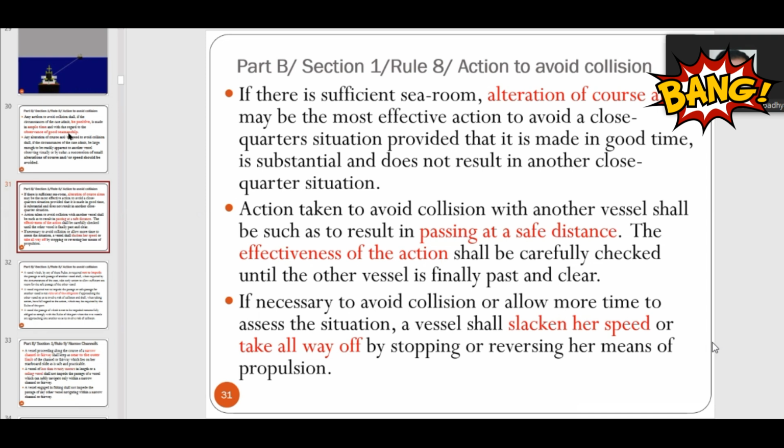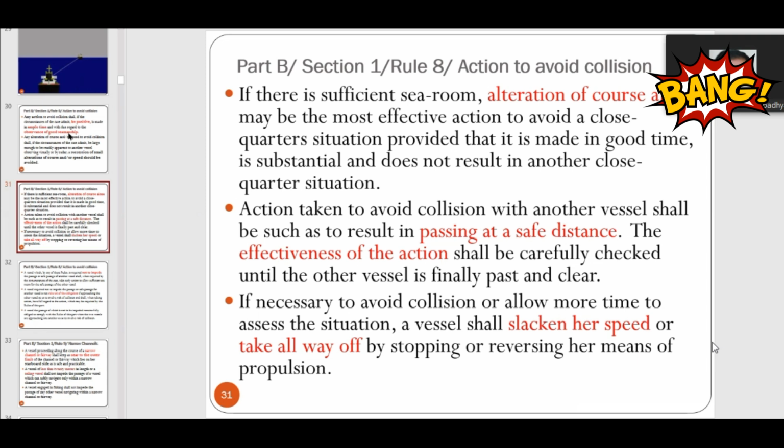So that's basically what it means. There is no value. It depends on certain circumstances. It may depend on weather, clear weather, restricted visibility. That is different.